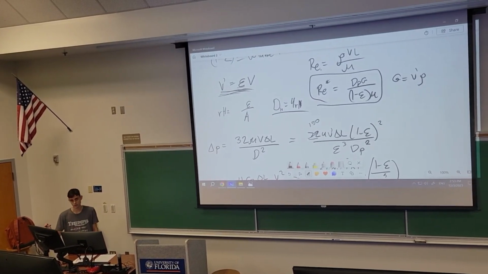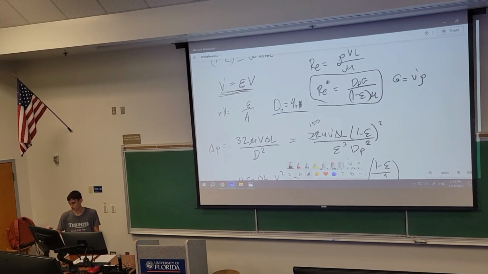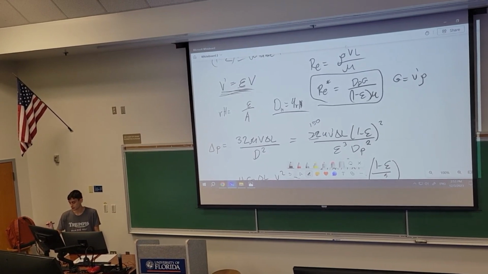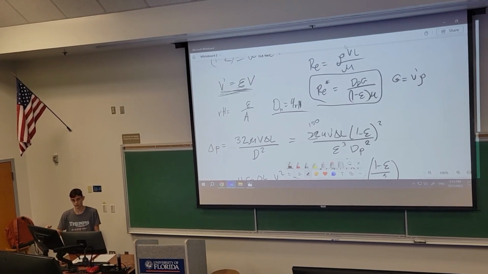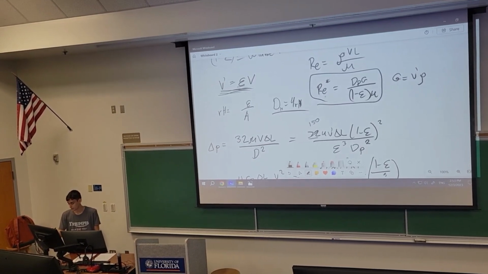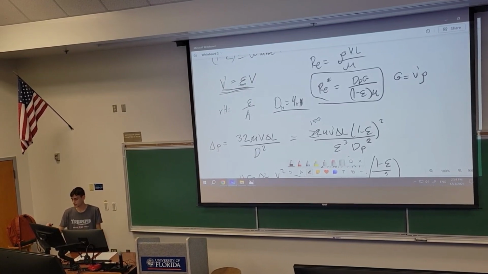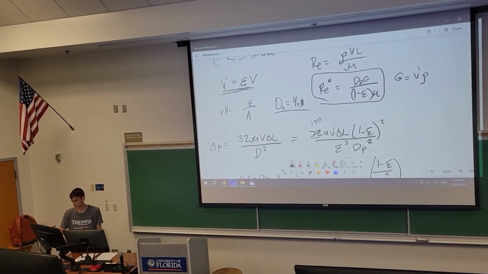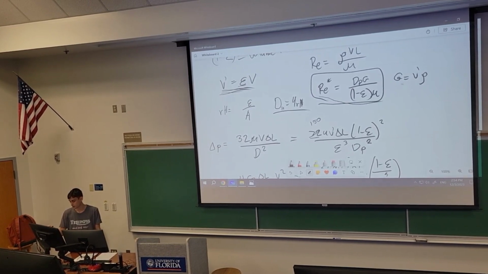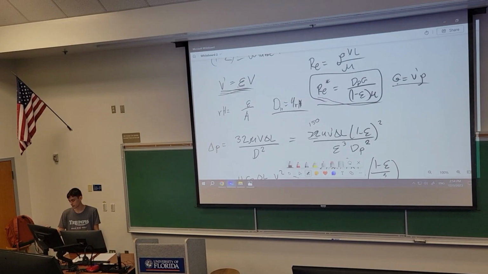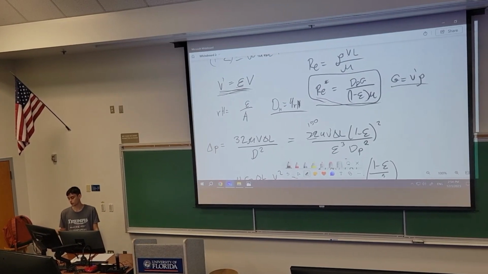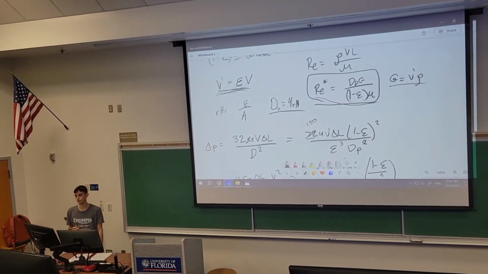The Reynolds number, as we know, generally is just the density of the fluid times the velocity times the length of the cross-section over the dynamic viscosity. And we can plug in the relations that we have for the velocity, and we get this expression here for the Reynolds number with this simplification of G equals the superficial velocity times the density.